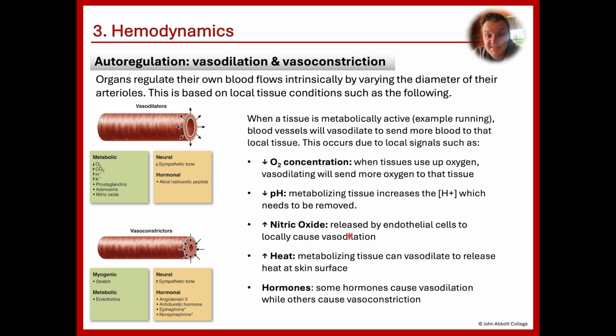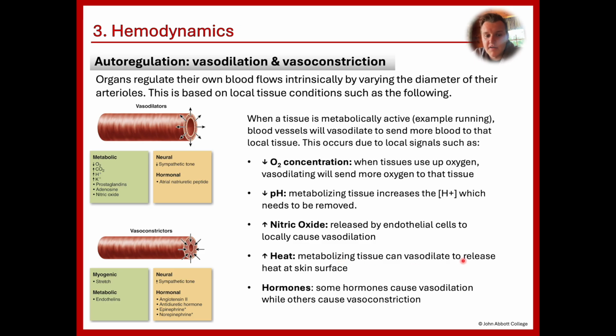Nitric oxide is also a substance that will cause vasodilation. This is released by endothelial cells to locally cause vasodilation. So that's actually another molecule that'll do so. And heat, increased heat. A lot of metabolizing tissues. Remember, when you use up oxygen and glucose and burn it to make ATP, that causes heat as a byproduct.